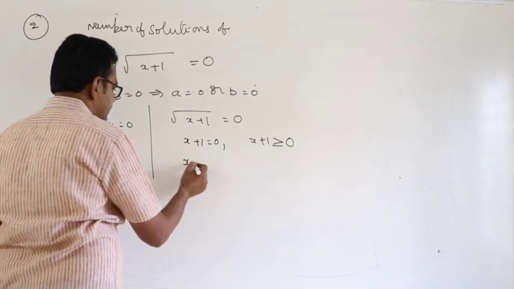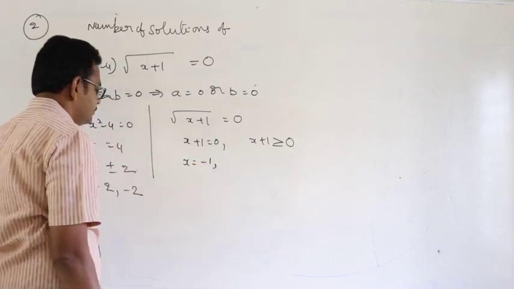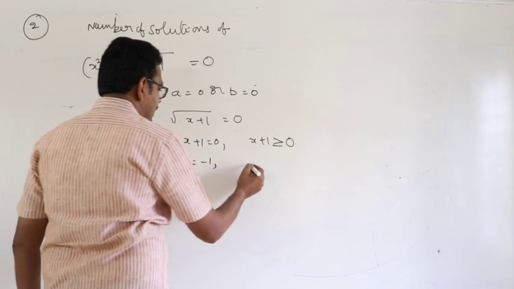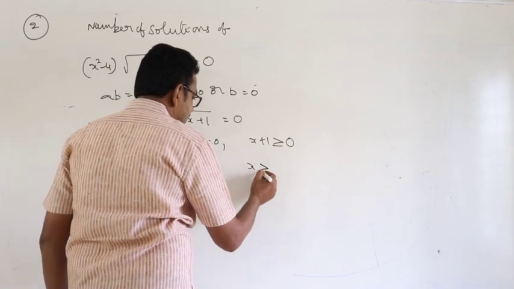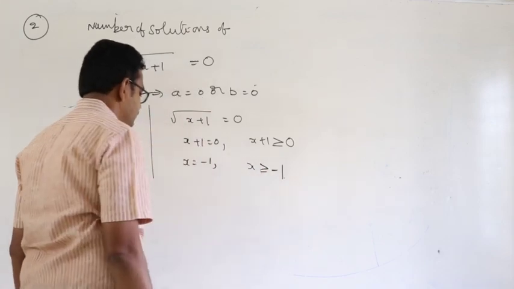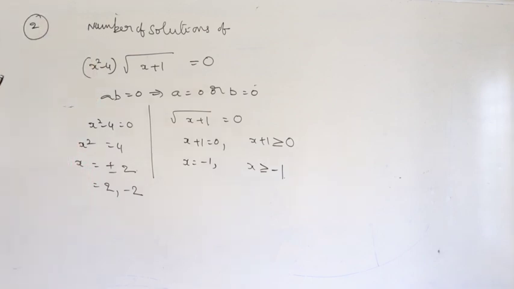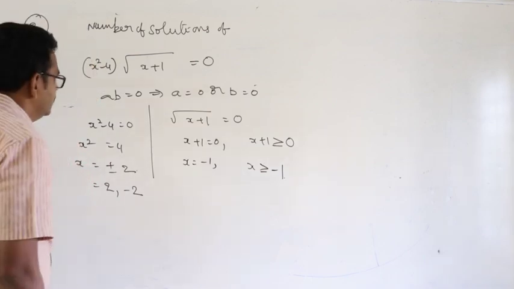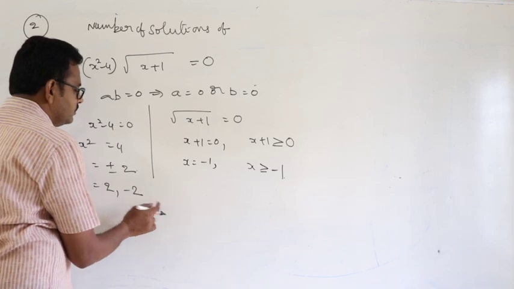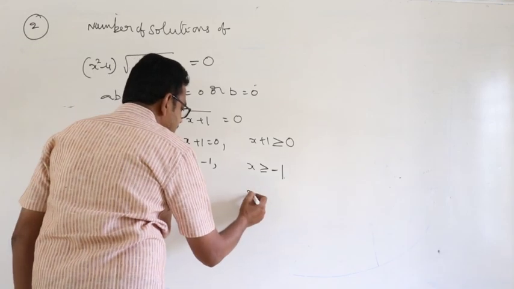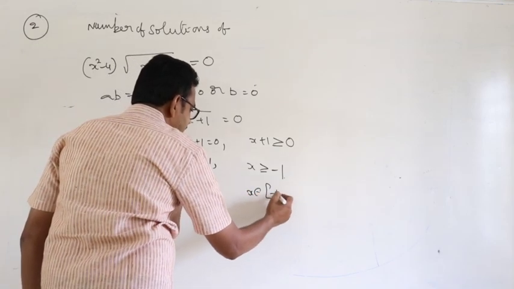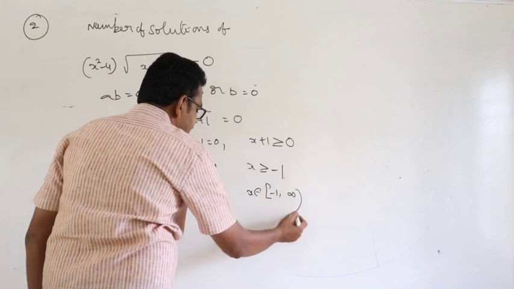So, x is equal to minus 1 and x is greater than or equal to minus 1. That means x belongs to the interval minus 1 comma infinity.